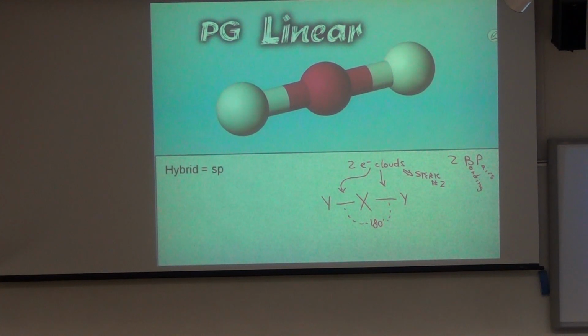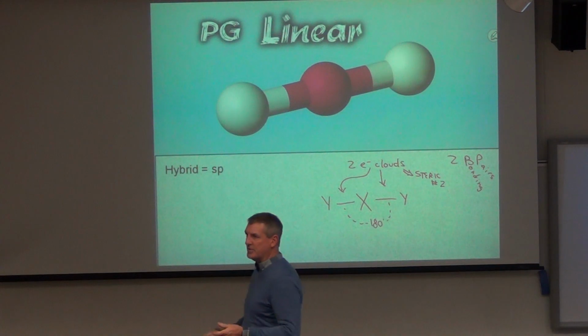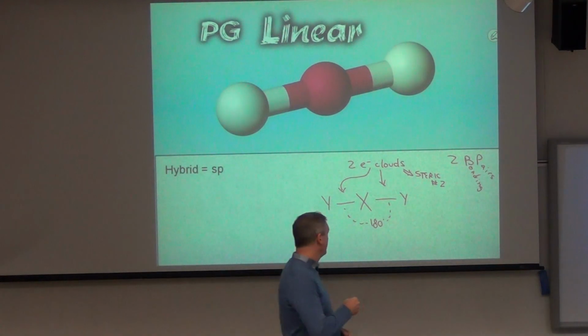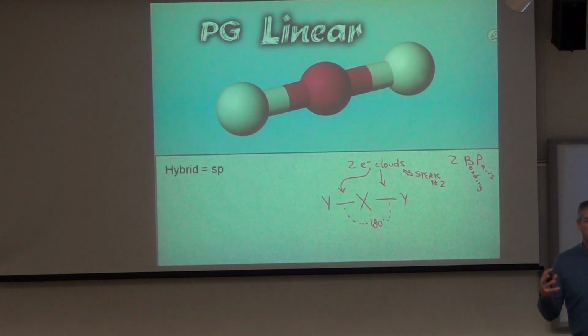At the top of the sheet, just under the steric number, you'll see hybrid. What's happening in these molecular geometries is we're combining orbitals. We learned earlier about the s orbitals, the 3p orbitals, and the 5d orbitals. So in our simplest shape, steric number 2, we have an s orbital and a p orbital. They're kind of overlapping. They're combining, or hybridizing.